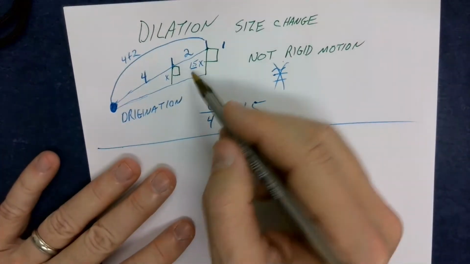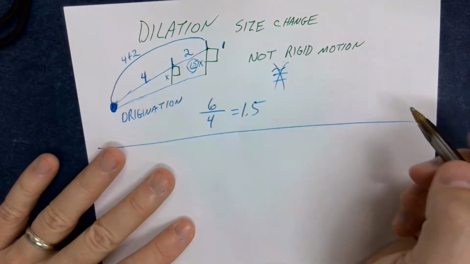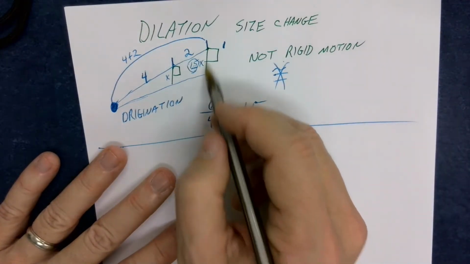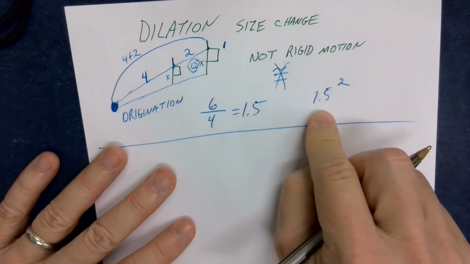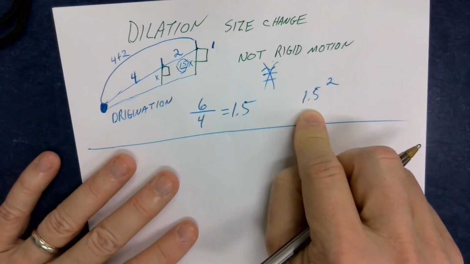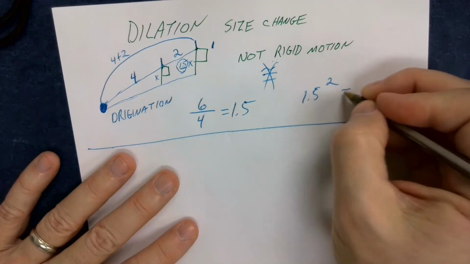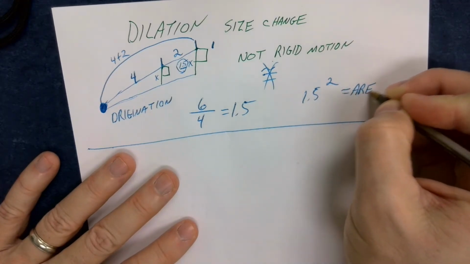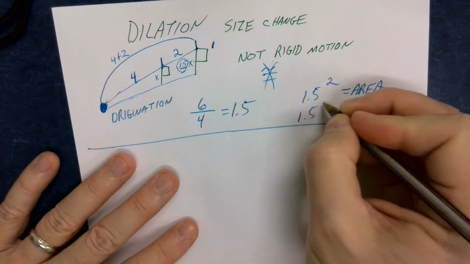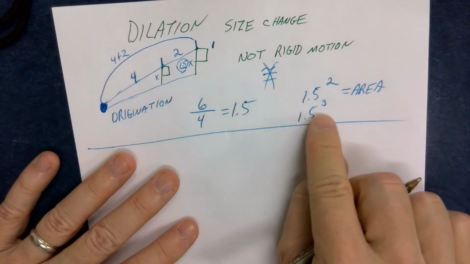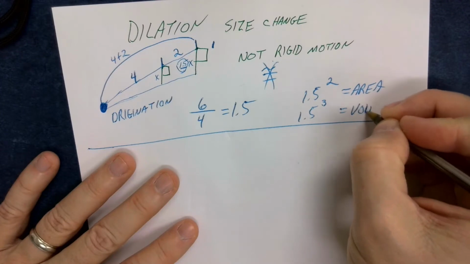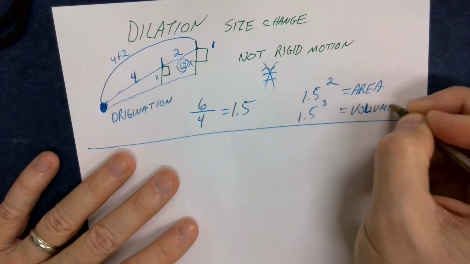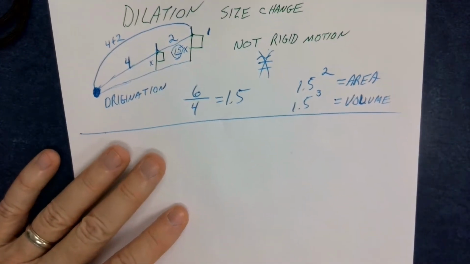We said that if that's the scale change per length, then it'd be that scale change squared for area, and that size change cubed for volume, if we were to do volumes, which we didn't really do in this case.